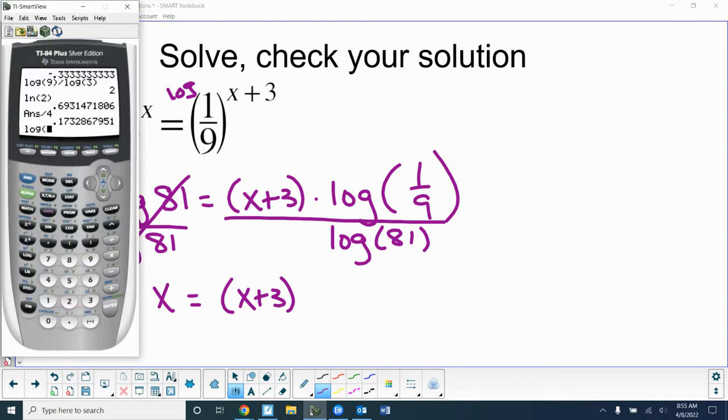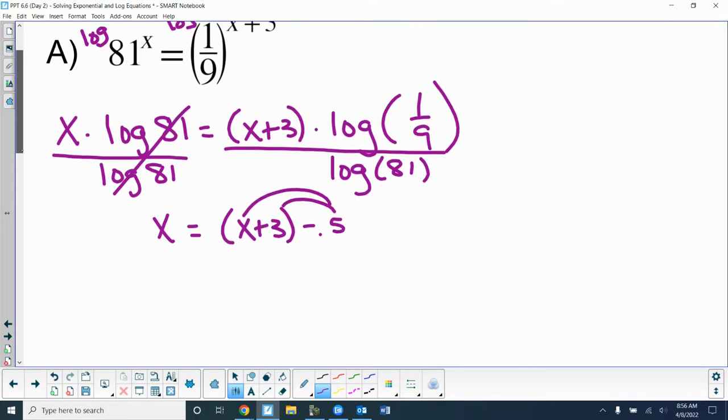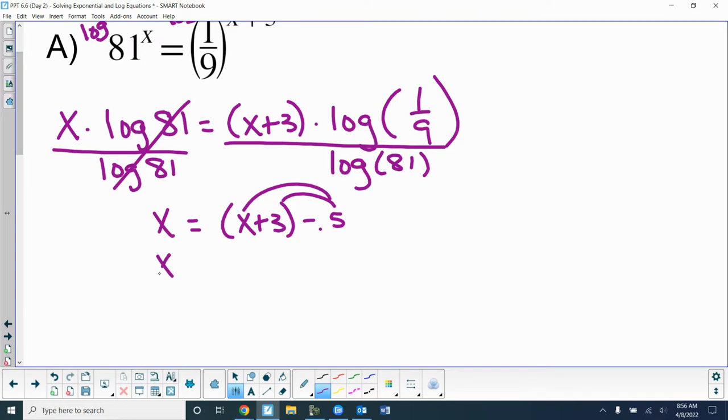So log of 1/9 divided by log 81, negative 1/2. So I have to distribute that. Okay, so I've got x equals negative 1/2 x minus 1 1/2.